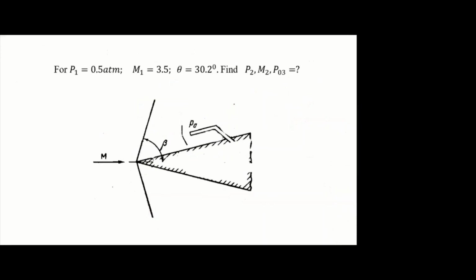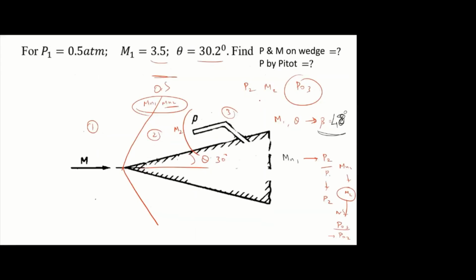Can we use the isentropic table for that particular M2 value? Yes, you can use isentropic here, here, and here. Sir, we can get the P by P naught ratio because we have P2 there. Okay, so we know P2 and M2, you can get P02. Then substitute here, you can get P03.